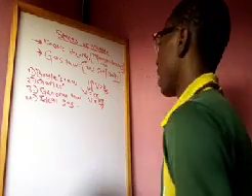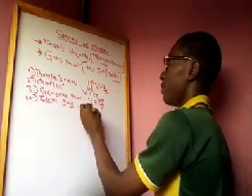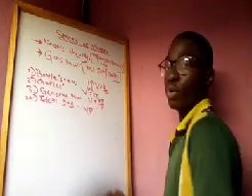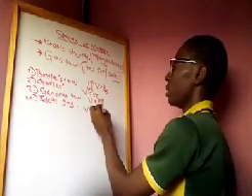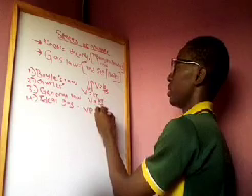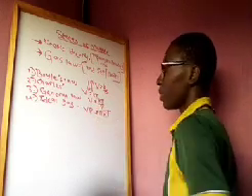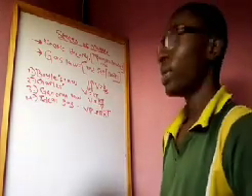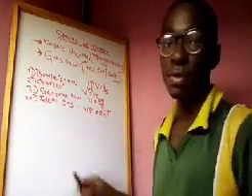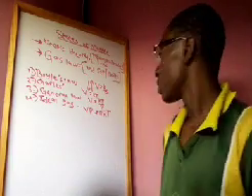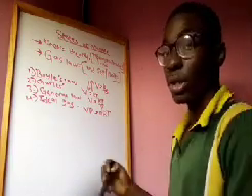This ideal gas law says that the product of the volume and the pressure is equal to nRT, where n and R are constants. V is the volume of the gas, P is the pressure of the gas, n is the number of moles of the gas, more on that later.